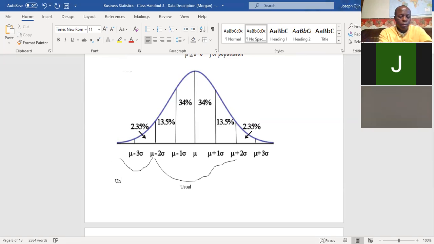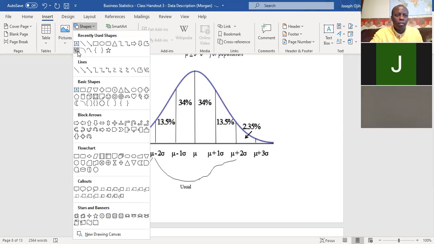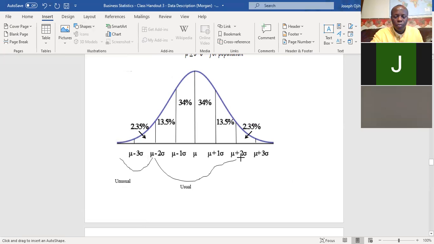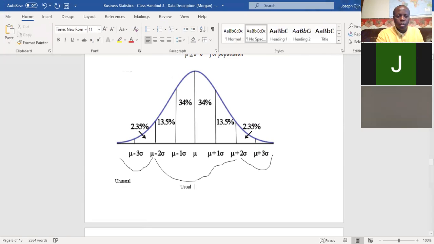On the left side it is unusual, and on the right side, anything above 2 standard deviations is also considered unusual. So this is normal from here.